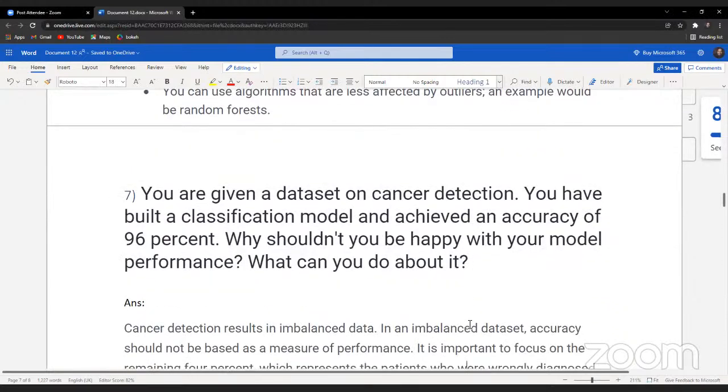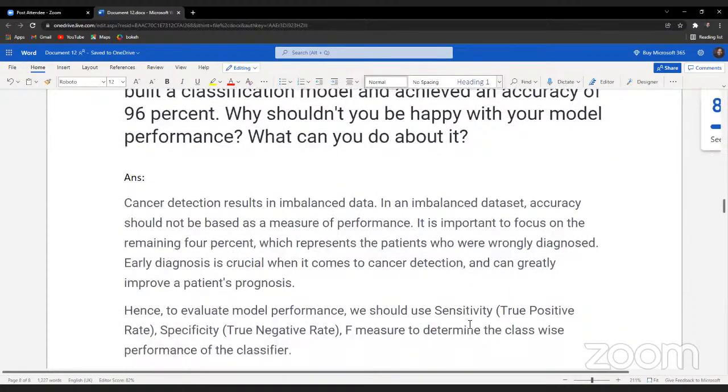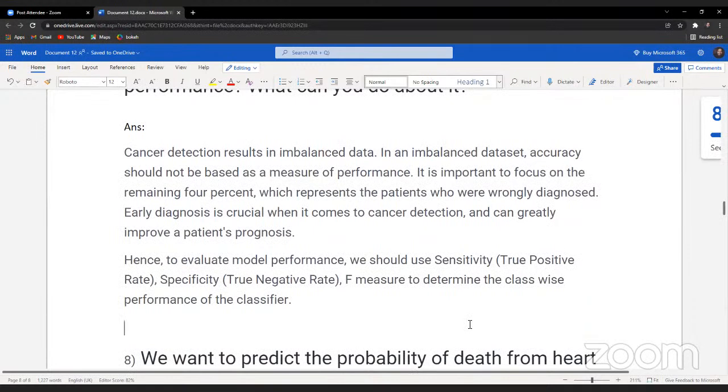Now, as we're looking into this, cancer detection results in imbalanced data. In an imbalanced dataset, accuracy should not be the measure of performance. It is important to focus on the remaining 4%. In this cancer dataset prediction, he got an accuracy of 96%, so the 4% are mistakes, which represent patients who are wrongly diagnosed.